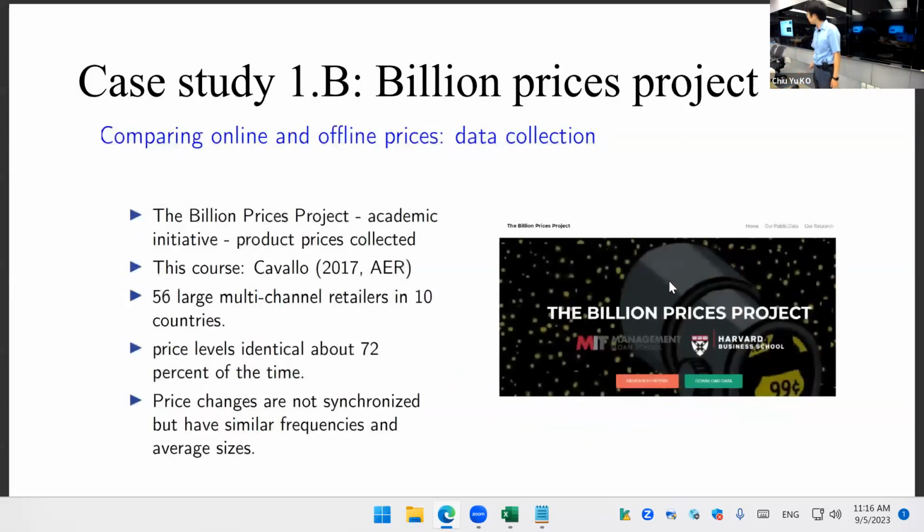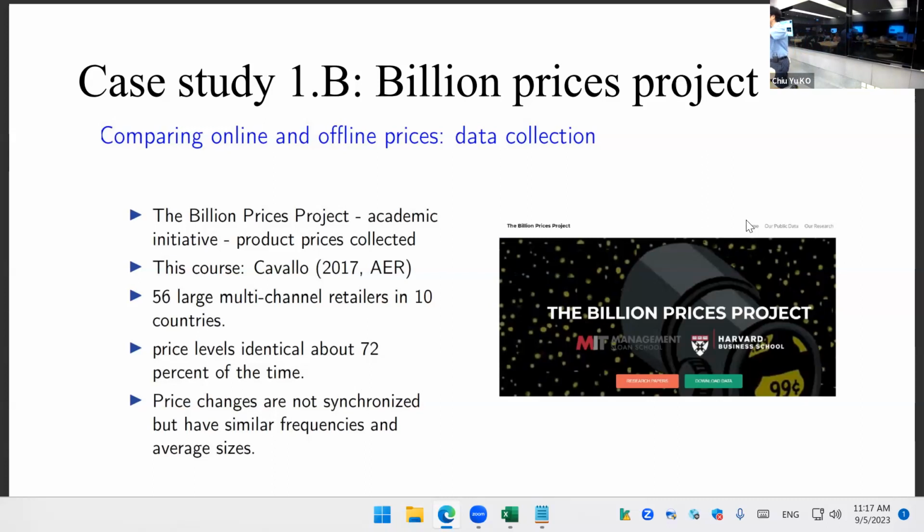So there's some issue. And the next one is called the Billion Prices Project, in which they are trying to look at all of the prices in many cities, offline and online. Online, they just use Python web scraping to get the data.